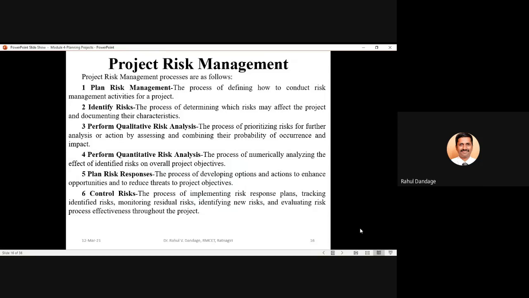There is a matrix called the probability versus impact matrix, the PI matrix, where P is probability and I is impact.